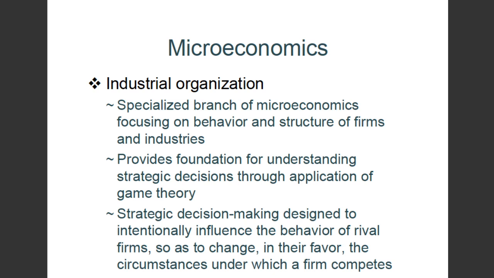We spend a lot of time on perfect competition, and not until chapter 12 or 13 do we enter into industrial organization and the use of non-cooperative game theory to assist in making strategic business decisions.